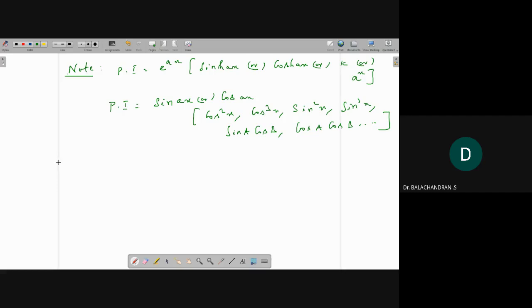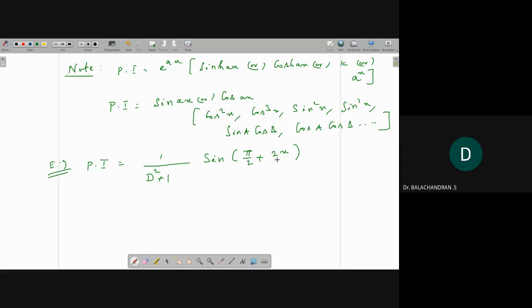Before going to type 3, I will give one example. Suppose you have the particular integral of the form 1 by D square plus 1 into sine of pi by 2 plus 2x. Here there is no need to expand the sine of a plus b formula, sin a cos b plus cos a sin b.